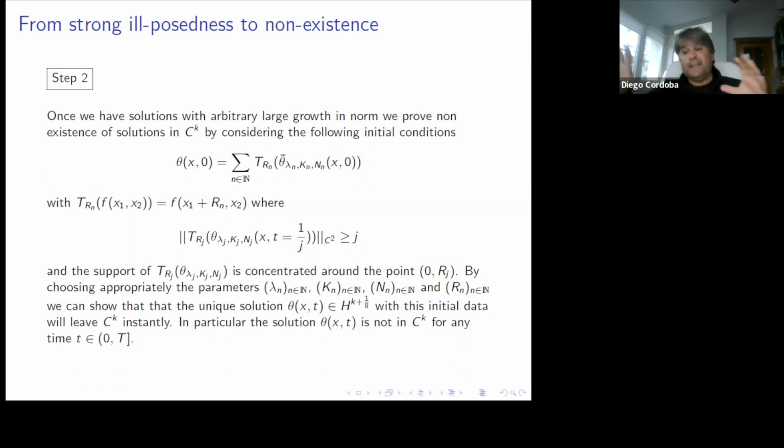So they will be separated by a sufficient distance to make sure that we control their interaction. And now in each of them, we have a C2 norm that grows like J for times like 1/J.